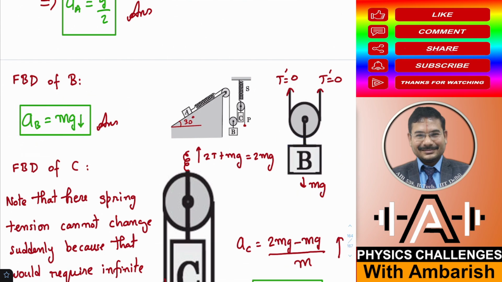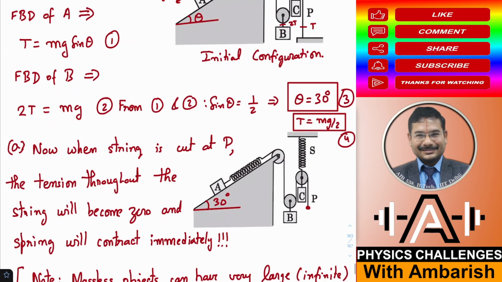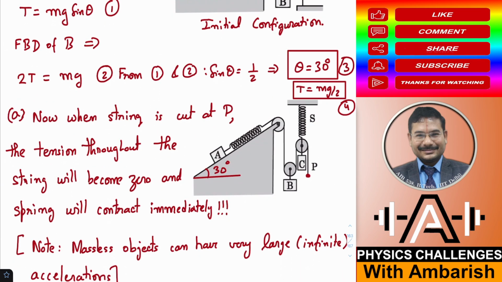Now coming to the acceleration of C. Look here in this figure once again. This spring is connected to a massive object. C plus the pulley is connected through a rigid link. That means this whole pulley plus C is a massive object, and therefore this spring cannot contract all of a sudden. Why? Because if this spring were to contract all of a sudden, there would be infinite acceleration of this massive object C, right?